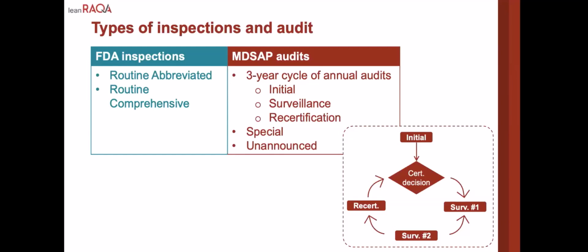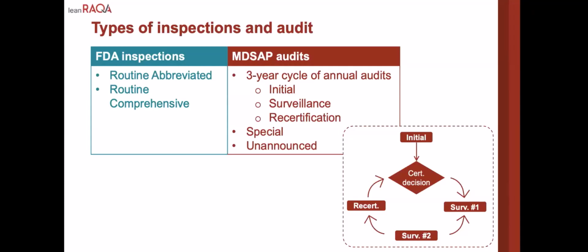The only time I've seen them come on that frequency or more frequent to a company was a for-cause inspection. We'll talk about that in a minute. MDSAP audits are on a 3-year cycle of annual audits. You will have your initial, then you'll have your surveillance, and then a recertification.